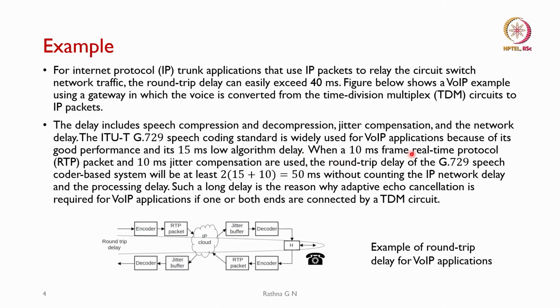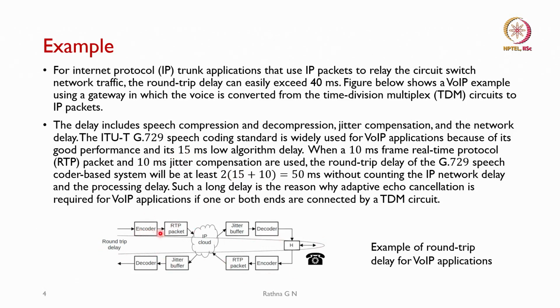So, when a 10 millisecond frame, a real time protocol or RTP packet, and 10 millisecond jitter compensation are used, the round trip delay of this G.729 speech coder based system will be at least twice 15 plus 10, which is equal to 50 milliseconds. So, 10 milliseconds is our jitter, and then we have an algorithm delay of 15 milliseconds, because it has to go and then come back.